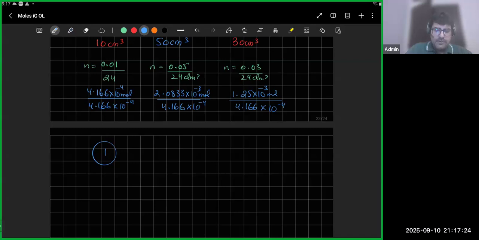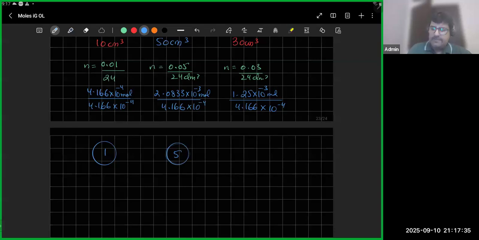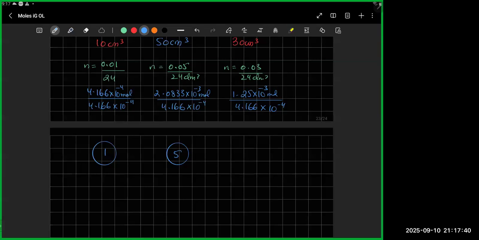What do you get for the second or third? 5.000, and then further digits, approximately 5, okay. What about the other one? 1.25 times 10 power minus 3.